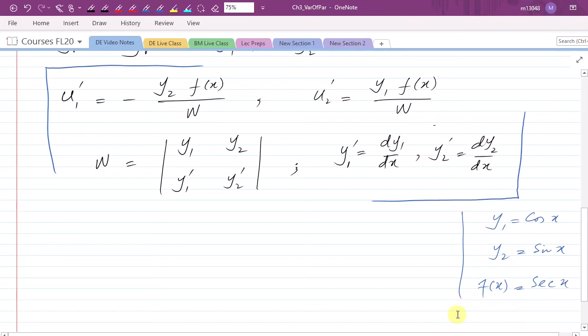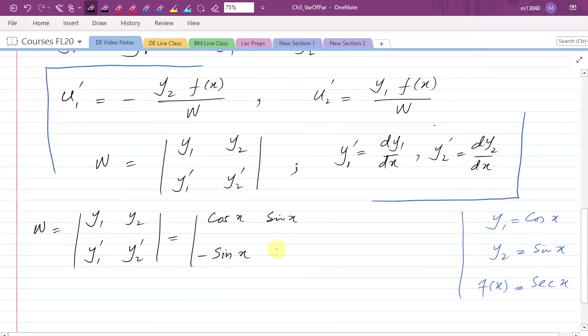First let's calculate w because we need it for both of them. W equals y1, y2, y1 prime, y2 prime, which is equal to cosine x, sine x, derivative of cosine x, which is minus sine x, derivative of sine x, which is cos x.